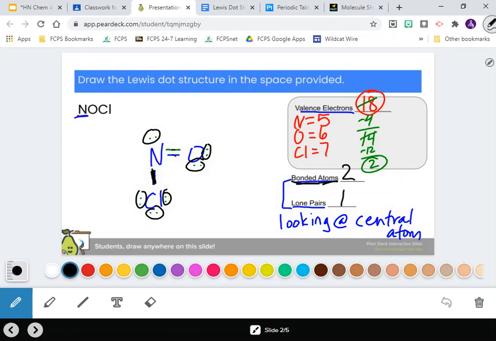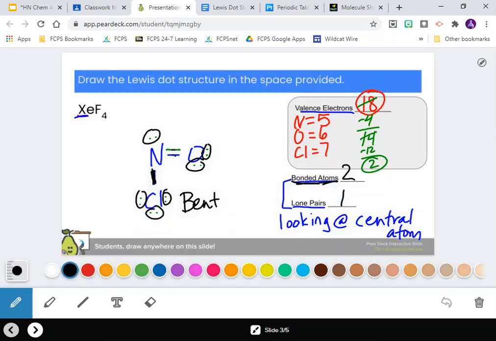Now, this is important when we're identifying shapes. You need to know how many bonded atoms and how many lone pairs there are when you're trying to identify the shape, which we're going to do later. That's going to drive what the shape is for the particular structure. I know some of you did your PhET simulation and you might remember, 2 bonded atoms, 1 lone pair. This one happens to be bent shape. We'll talk about that more later on, but if you remember that from your PhET simulation, that might be something to pay attention to.